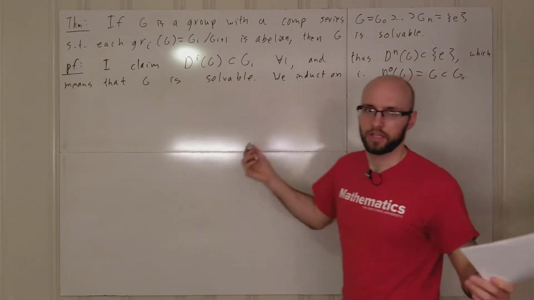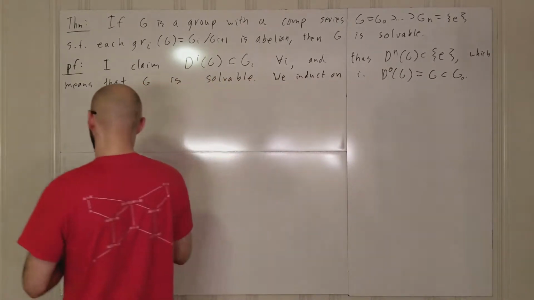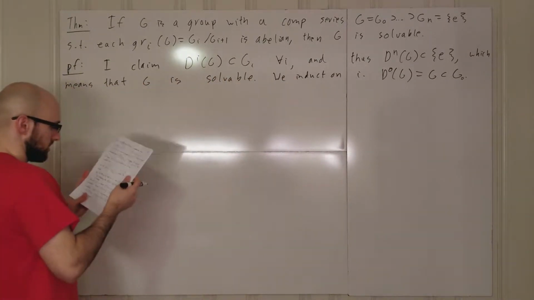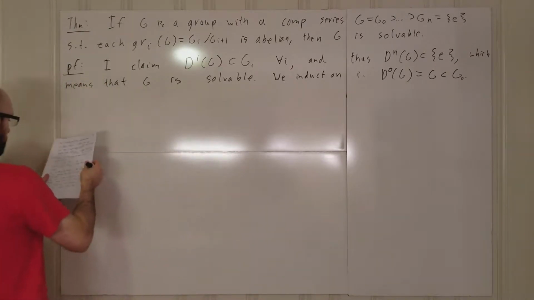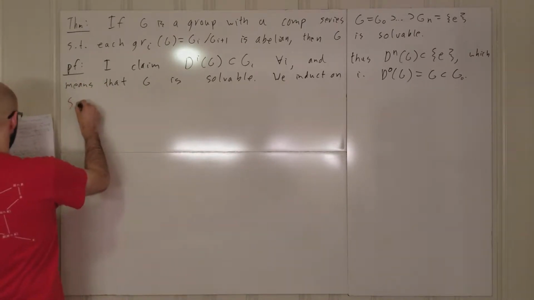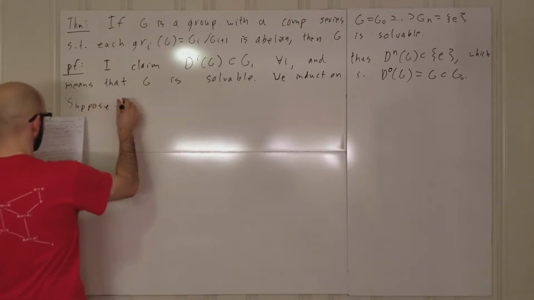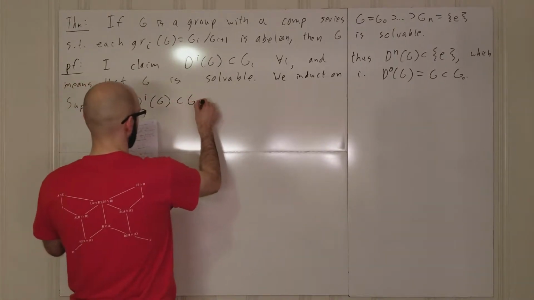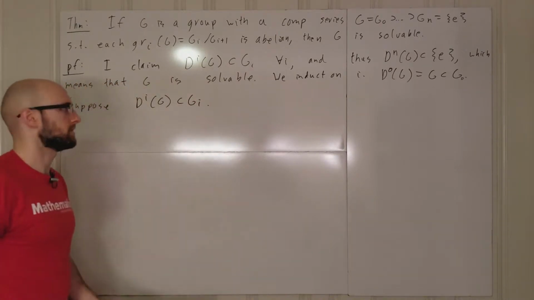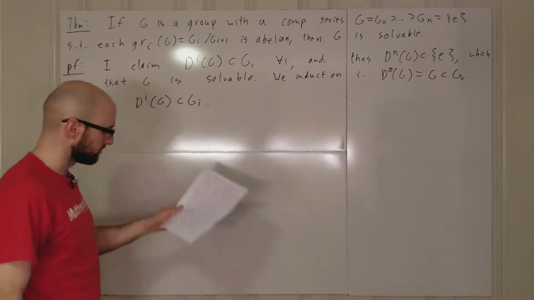Okay, so that base case is easy, and the induction step is slightly less easy. So suppose D^i G is contained in G_i. We want to prove that D^{i+1} G is contained in G_{i+1}.